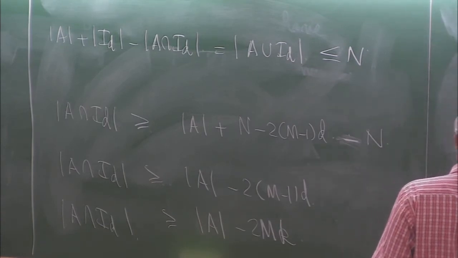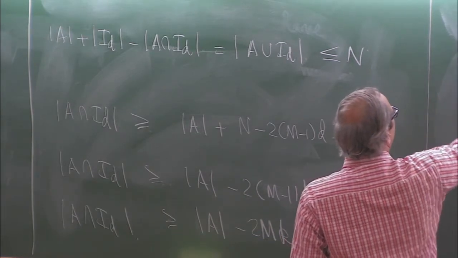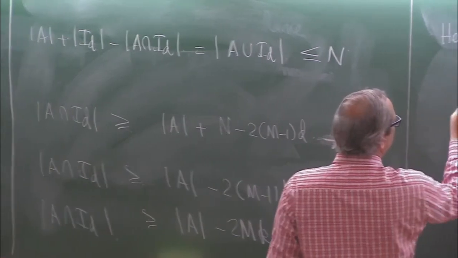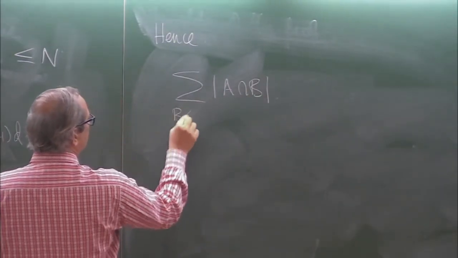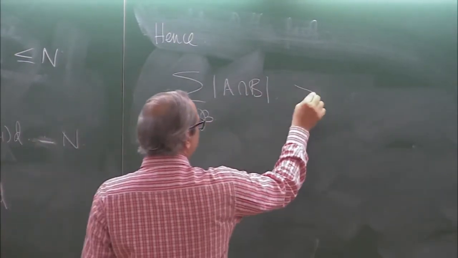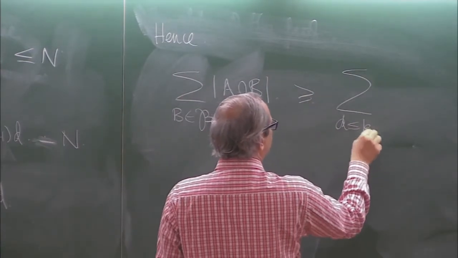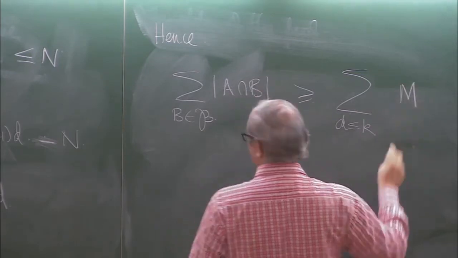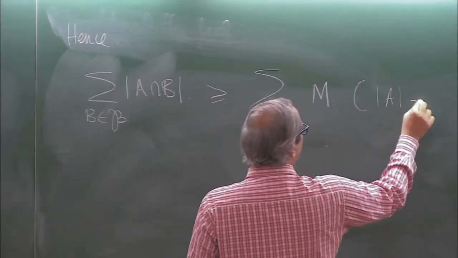So you get the lower bound summation, hence sigma A intersection B, B in beta is greater than or equal to the sum over D less than or equal to K of m times cardinality of A minus 2 m k.